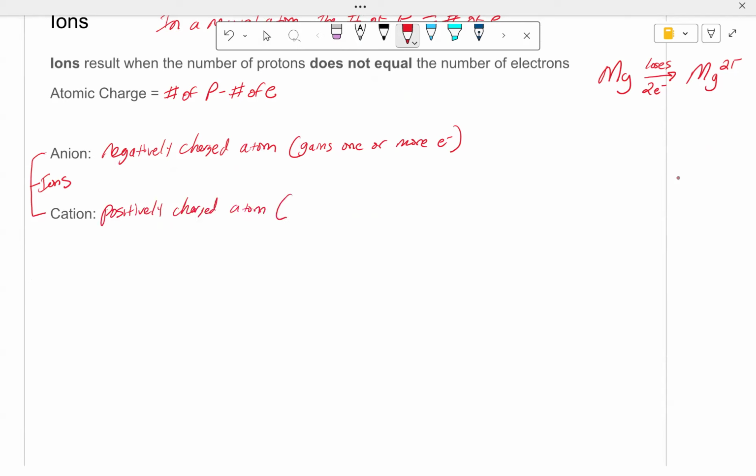And the way that it becomes positively charged is it loses 1 or more electrons. Again, I want to emphasize this is about losing or gaining electrons.